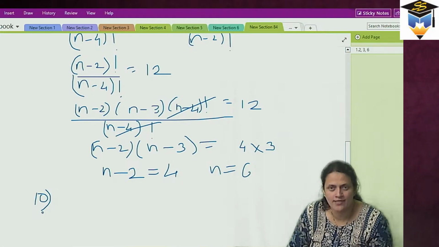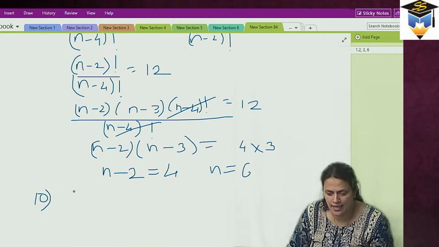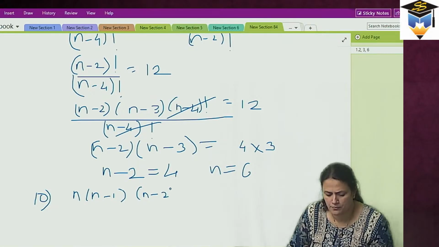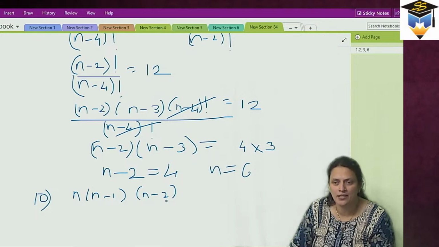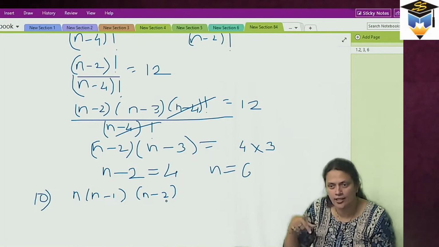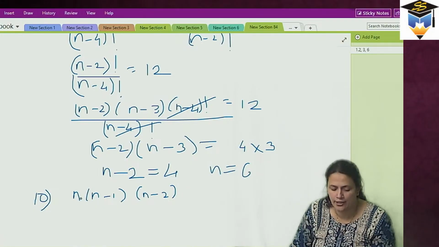From the module, exercise 6a. np3 can be written as n into n minus 1 into n minus 2, because the formula for np3 is n factorial upon n minus 3 factorial. So n minus 3 will get cut. So only n into n minus 1 into n minus 2 will remain.